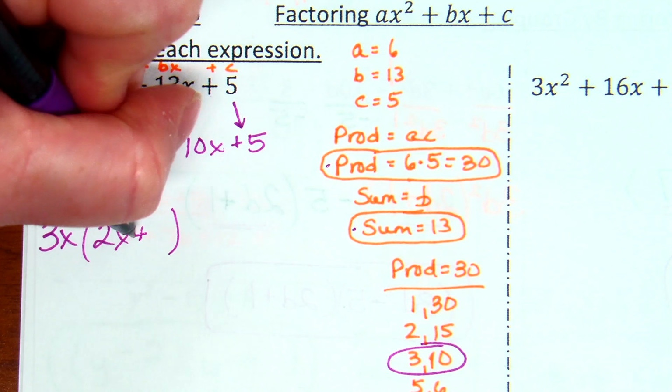Plus 3x divided by 3x is 1. Put the plus 1. You have to put the plus 1. You don't just leave it blank. You put the plus 1. Okay? Now what?